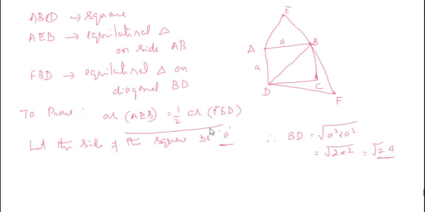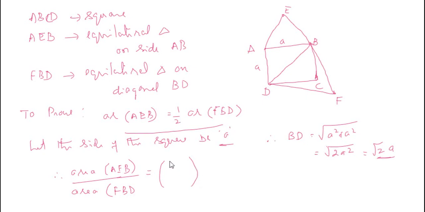Now both these triangles are equilateral, so they are similar. Therefore area AEB divided by area FBD, these two are similar triangles. The ratio of their areas is equal to square of the ratio of the corresponding sides.